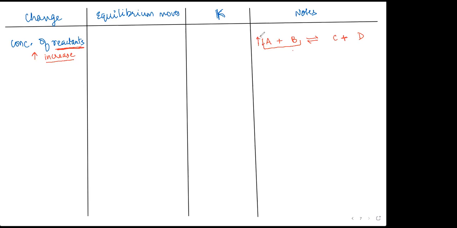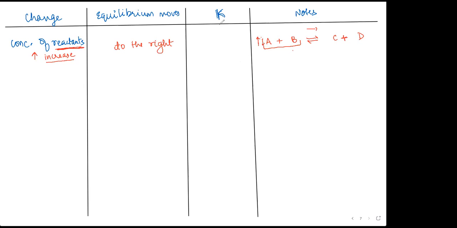And in order to decrease the concentration of the reactants, should the forward reaction take place more or the reverse reaction take place more? Forward reaction should take place more in order to decrease the reactant. Correct. So if we increase the concentration of reactants, the equilibrium shifts to the right. So the forward reaction is favored.